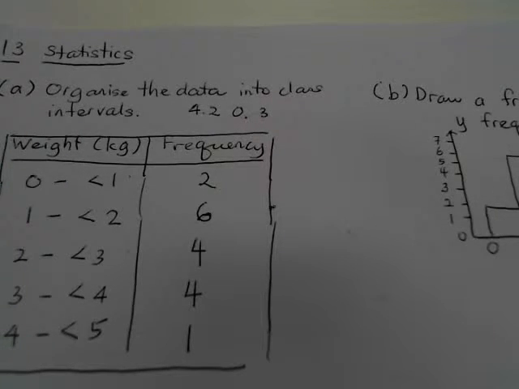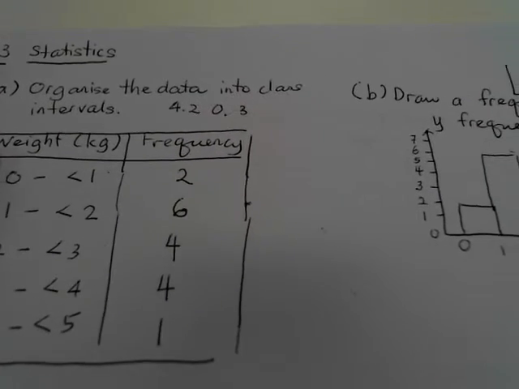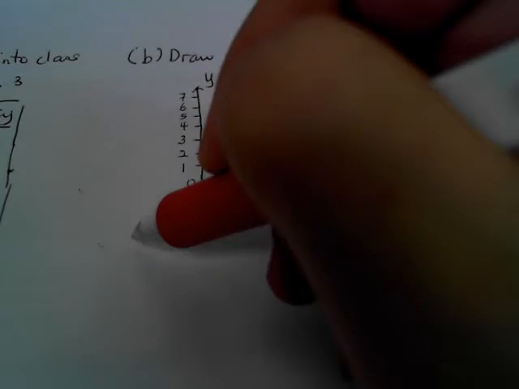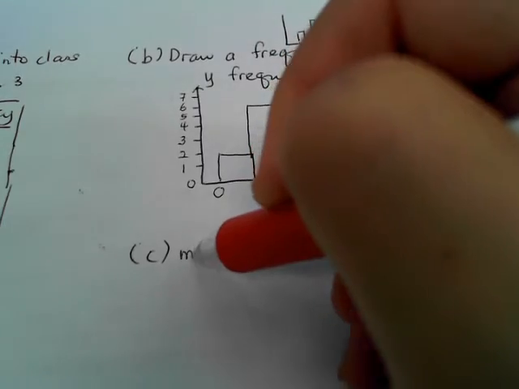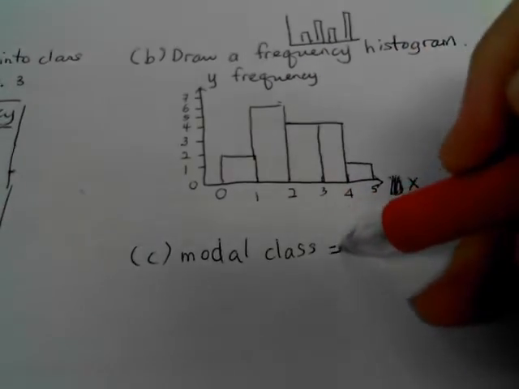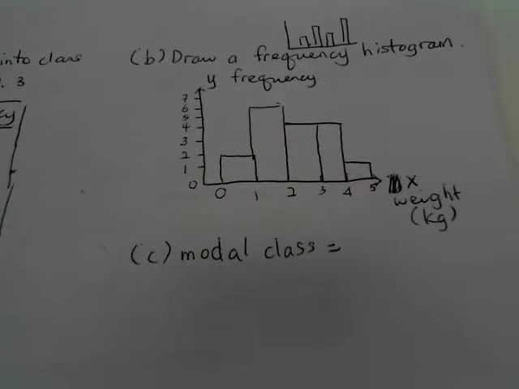Is that clear, everyone? So you have drawn a frequency histogram for this. There is another word that you have to learn. That is what we call the modal class. Does anyone here know what's the modal class? Is that the class that has the most frequency? Yep, that's absolutely true. The modal class is actually the class interval which has the highest frequency.